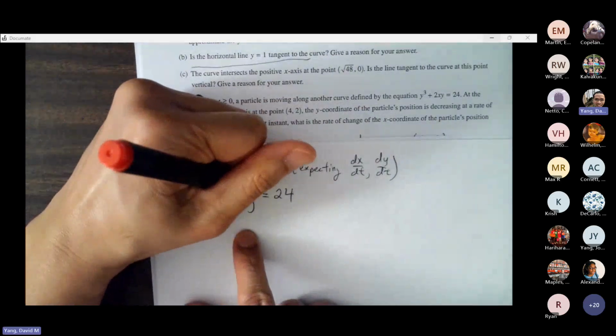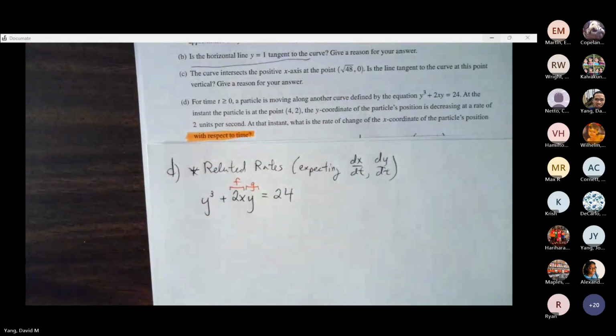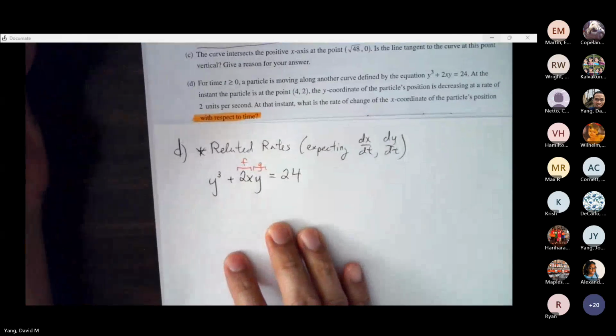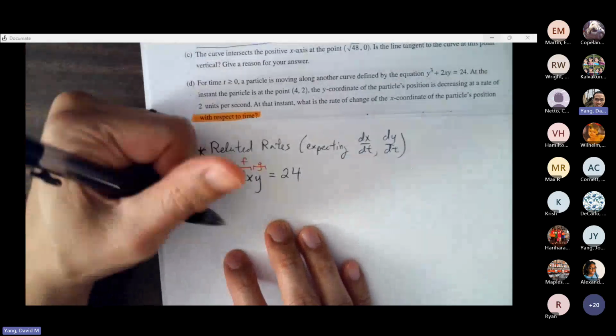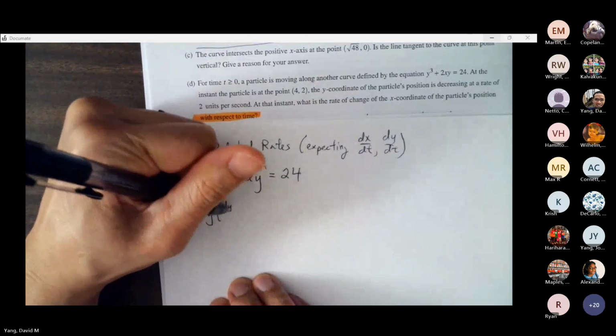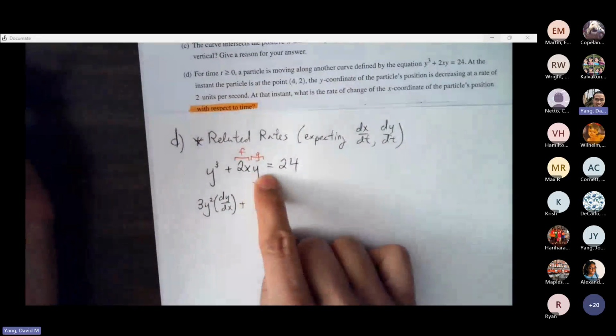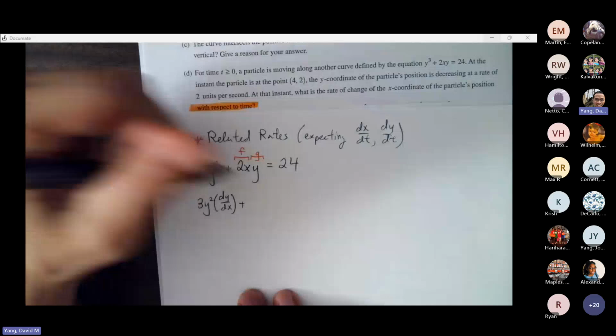And we set product rule here. Okay, so y cubed becomes 3y squared dy dt. Product rule: f prime g plus f g prime.